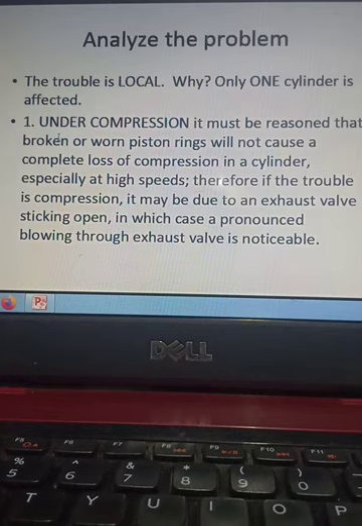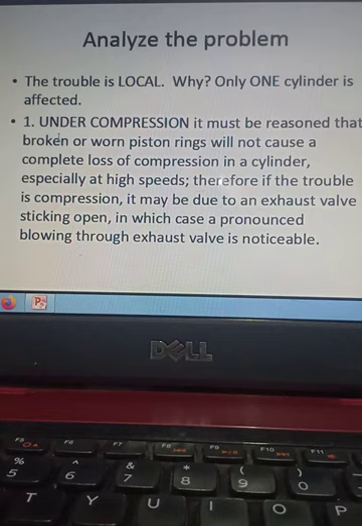And if it is sticking, you will notice the exhaust blowing, almost like popping. Blowing through the exhaust valve is noticeable since the exhaust valve is sticking open.